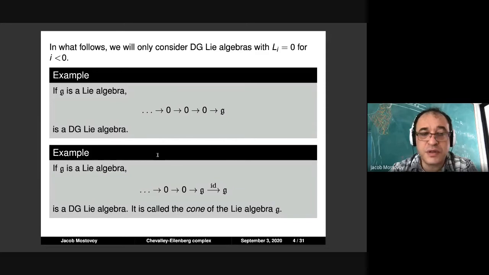For the structure of a DG Lie algebra here, the copy of G in degree 1 has a trivial bracket, because it lands in degree 2, and degree 2 is 0. The only thing we have to specify is the action of G in degree 0 on G in degree 1. This is just the adjoint action.